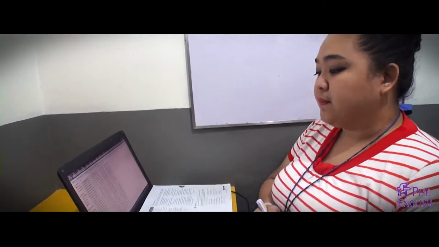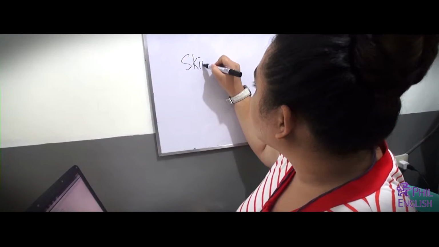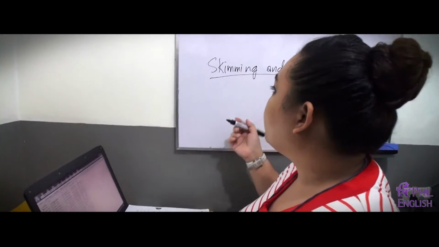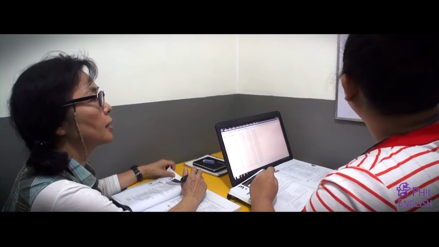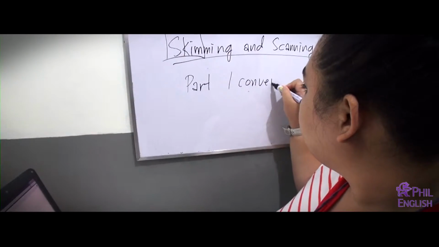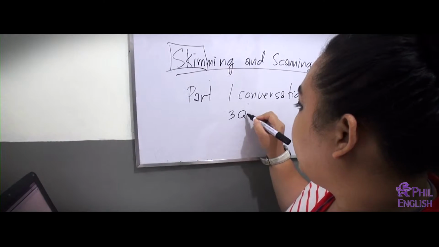is what we call skimming and scanning. Okay, so what is skimming and scanning? When do we skim? Or what do we do when we skim? Normally for Part 3, remember, one conversation, 3 questions, right?